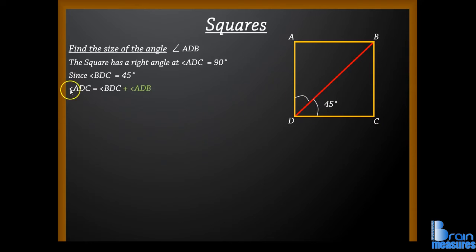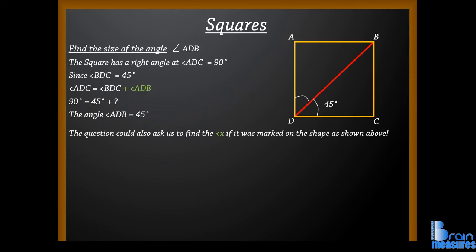So ADC, which is the full angle, is equal to BDC plus ADB. So ADB is equal to 45 degrees.